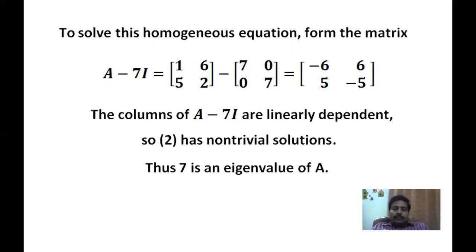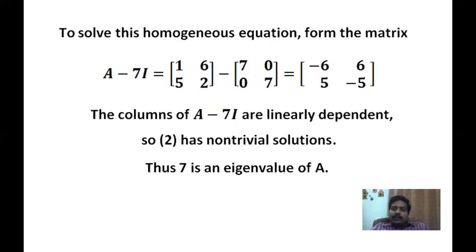To show whether a number is an eigenvalue for a given matrix or not, we need to form the matrix A minus lambda I, where lambda is the given eigenvalue, and from the linear dependence or linear independence of the columns of the matrix, we can say whether it is an eigenvalue or not.